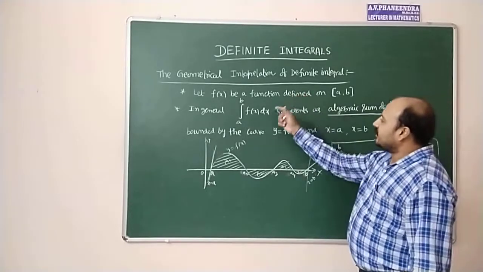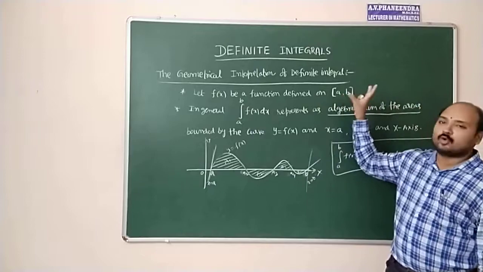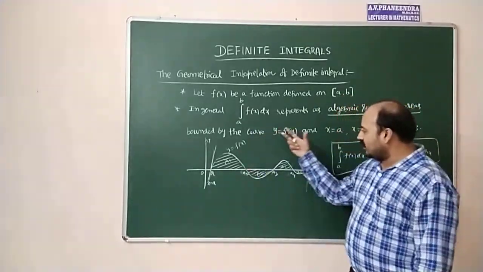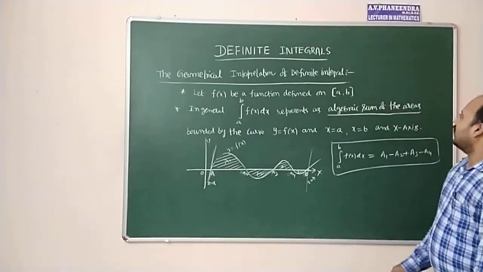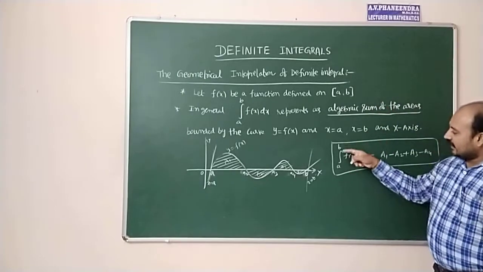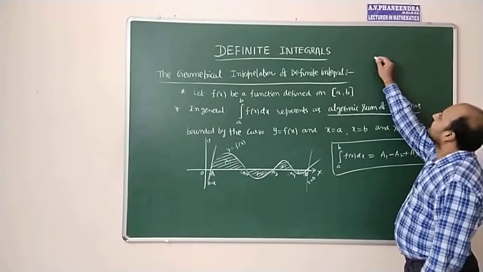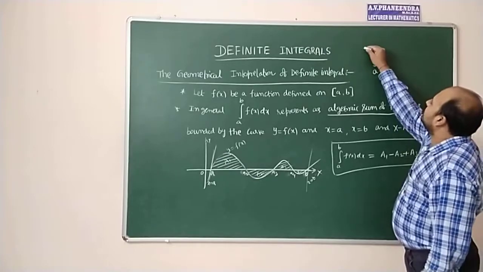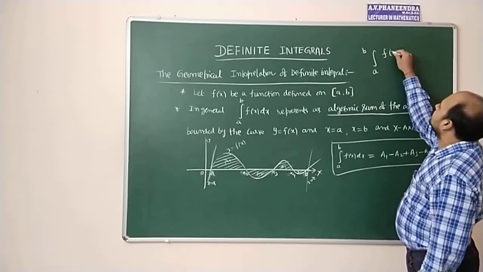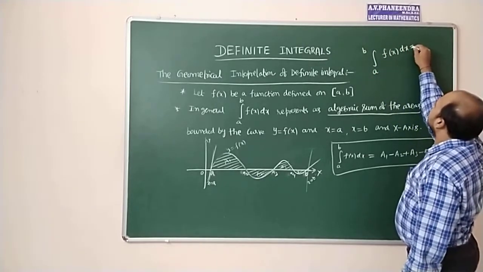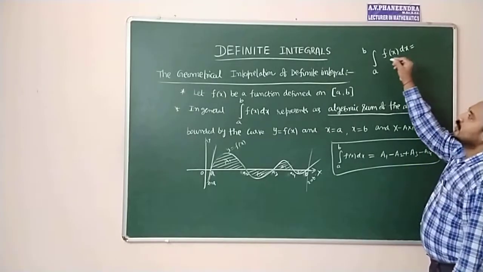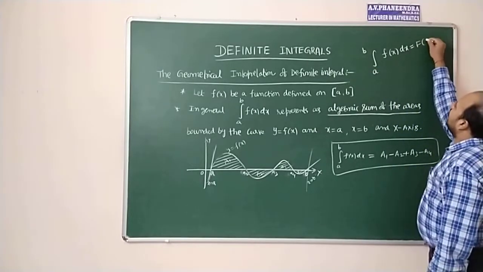So for any function y is equal to f of x defined on the closed interval a comma b, we can take like this. And in this, integral a to b f of x into dx is equal to f of b minus f of a.